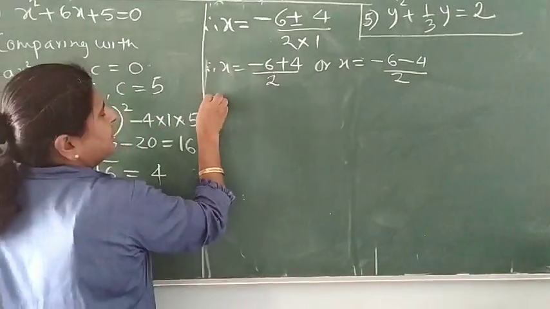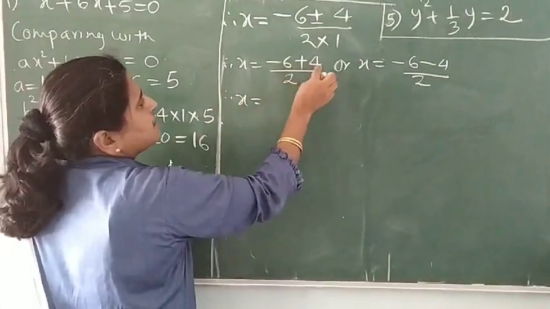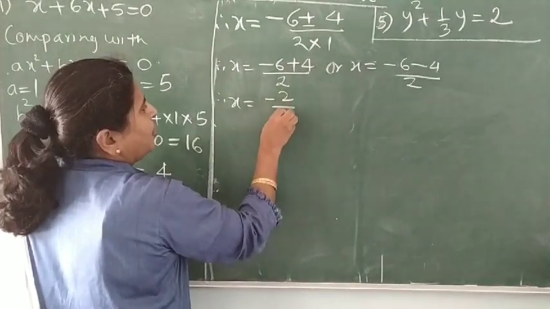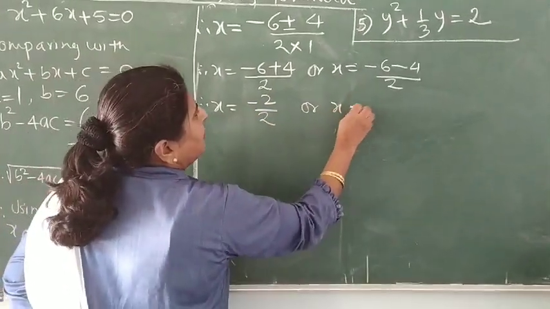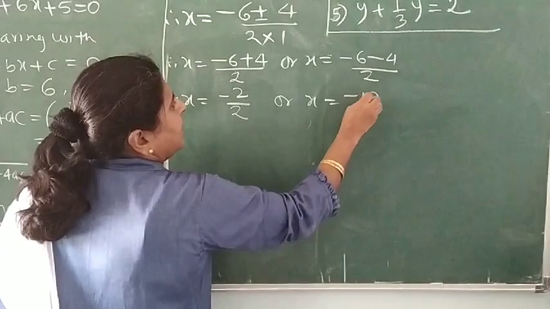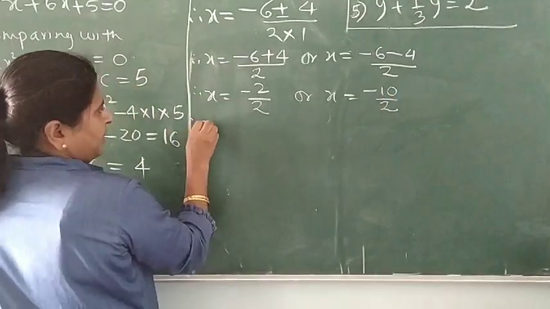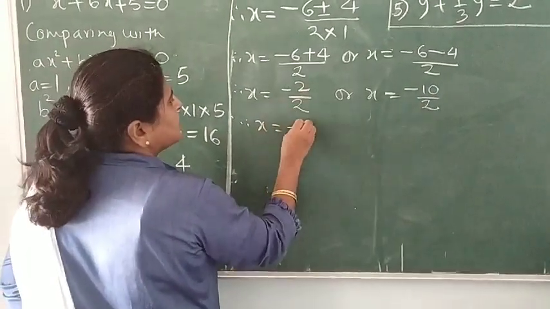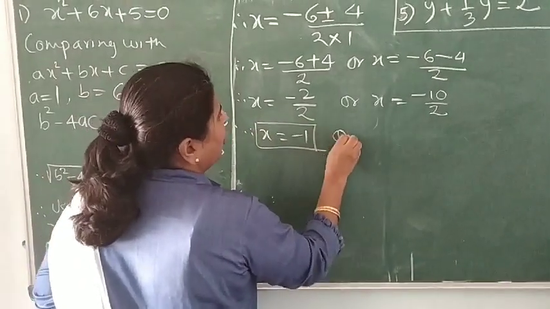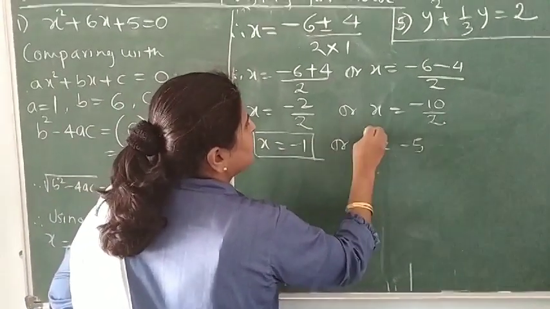So this will give us minus 6 plus 4 is minus 2 upon 2, or x is equal to minus 10 upon 2. Therefore x is either minus 1 or x is equal to minus 5.